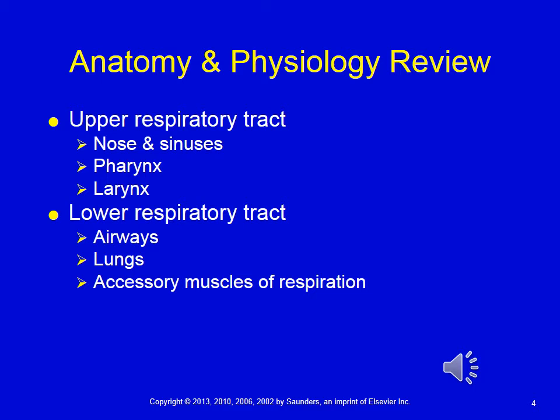The cricothyroid membrane is located below the level of the vocal cords and joins the thyroid and the cricoid cartilages. This site is used for emergency access, such as a tracheostomy, to gain access to the lower airways. Inside the larynx are two pairs of vocal cords, the false vocal cords and the true vocal cords.